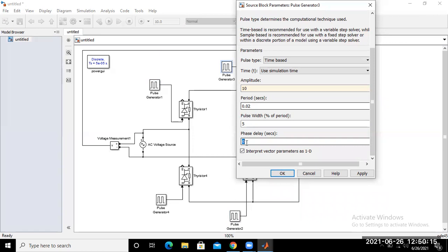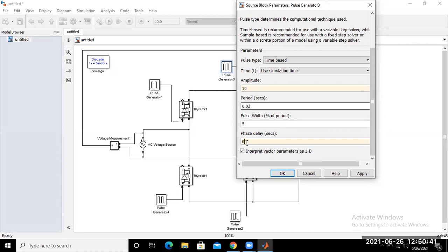So 210 degree, 210 divided by 360 into time period. 210 divided by 360 means 0.58.